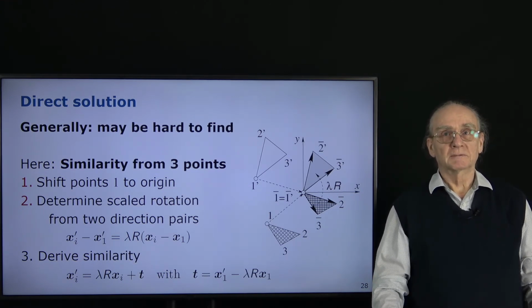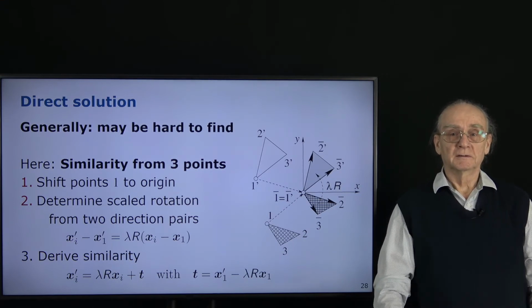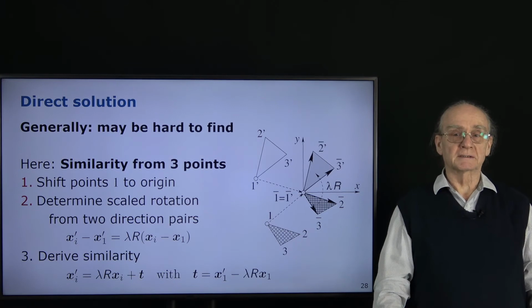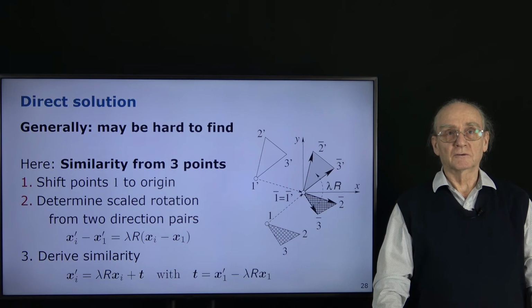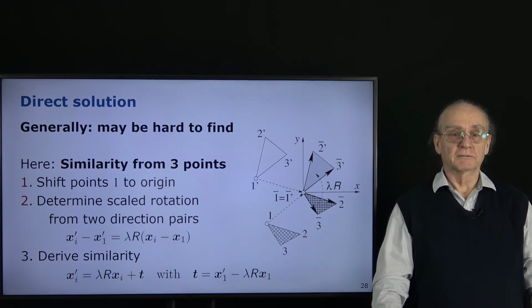So the principle is to find a minimal set of points and then have a direct solution and have a quite small number of trials in order to have a guarantee that we have the solution with a minimal probability. Now I will talk about these 2 topics, the direct solution and the number of trials, in a little bit more detail. Direct solutions in general may be hard to find.